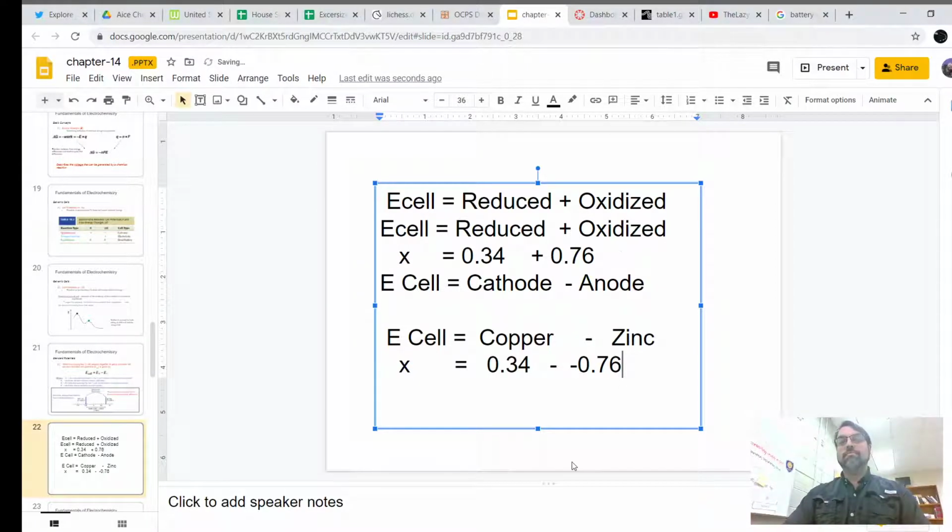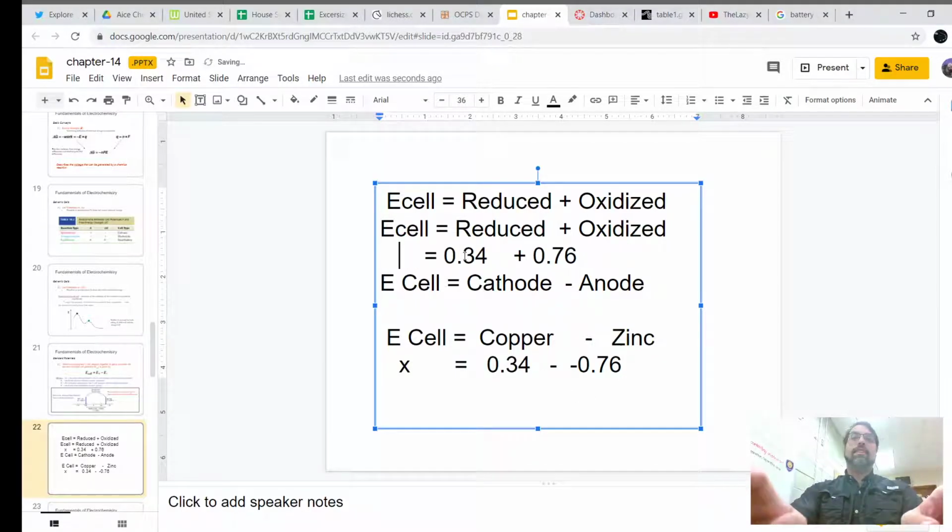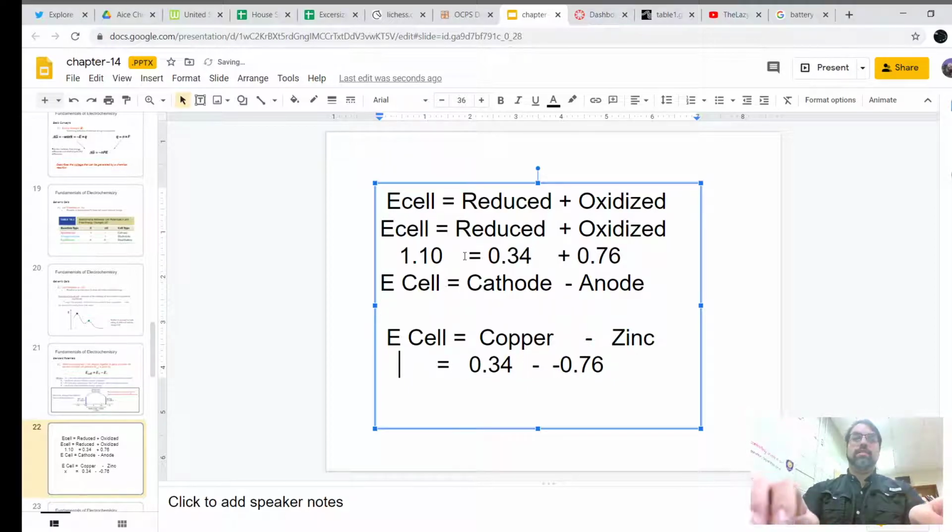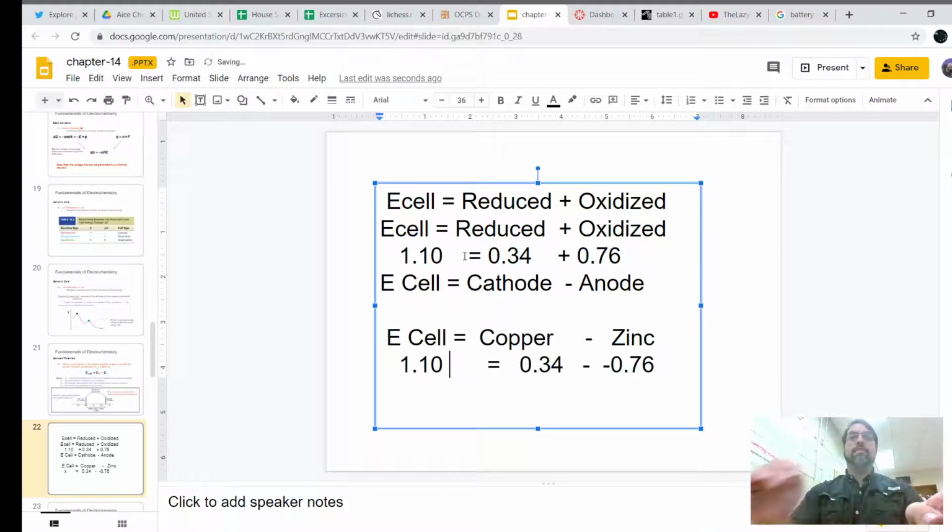Here we're subtracting out a negative 0.76, so that makes it pretty darn easy. Both of these end up equaling 1.10, and that's how we end up solving the voltage of the cell.